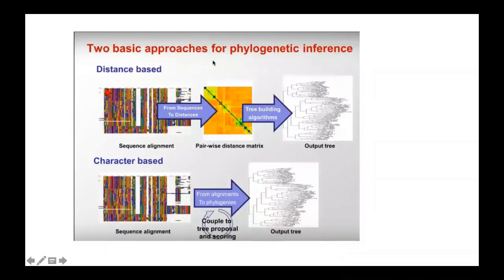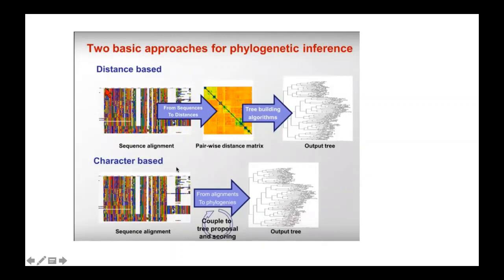So there are two basic approaches we follow. One is the distance-based method, which we'll discuss in the next class, and another is the character-based method. In the distance-based method, we create a matrix as we did for Needleman-Wunsch, and from that distance matrix we can create the phylogenetic tree.